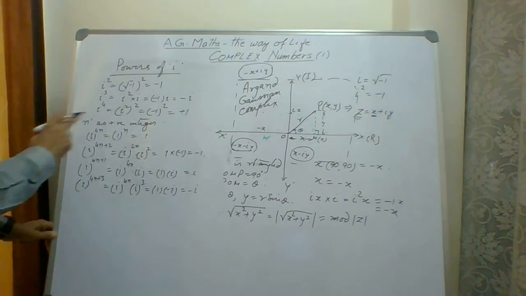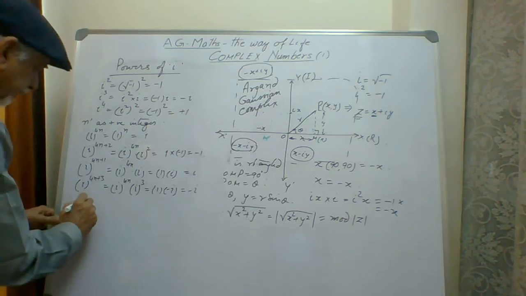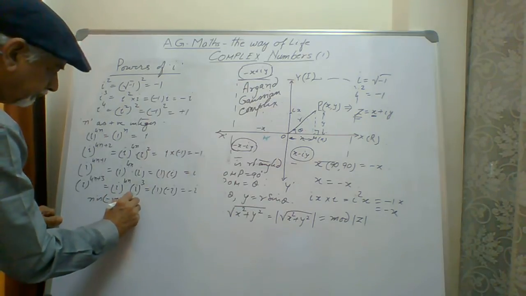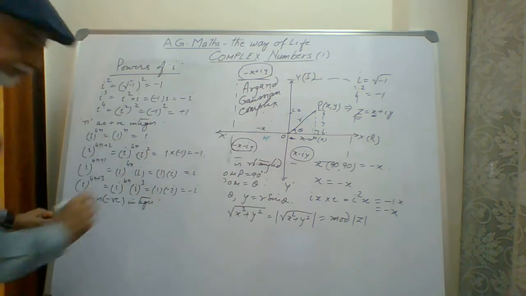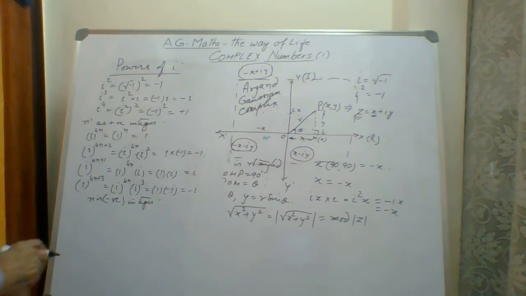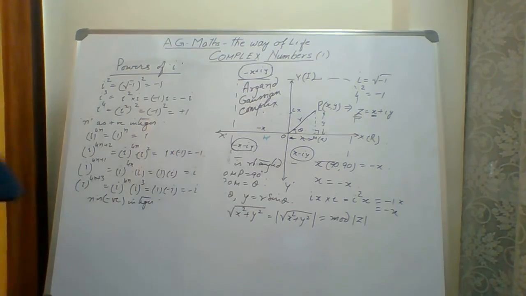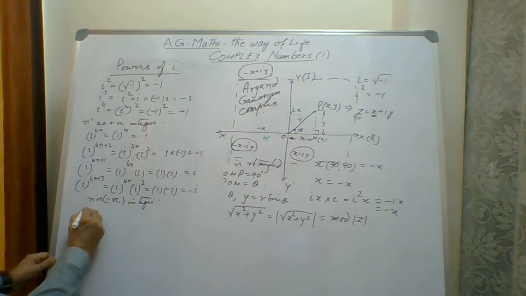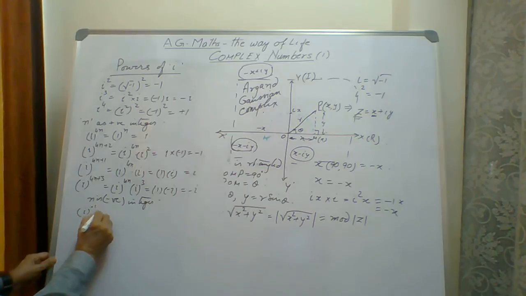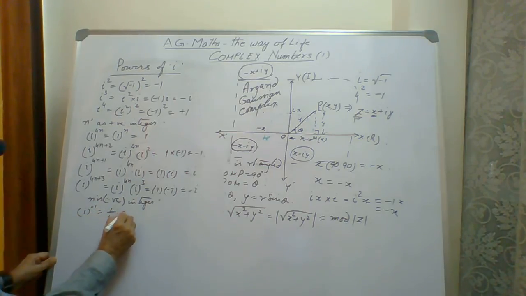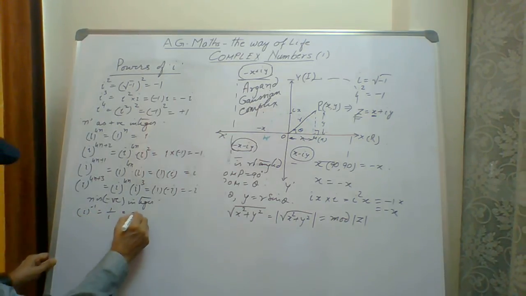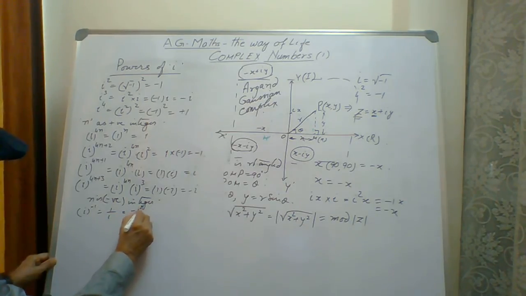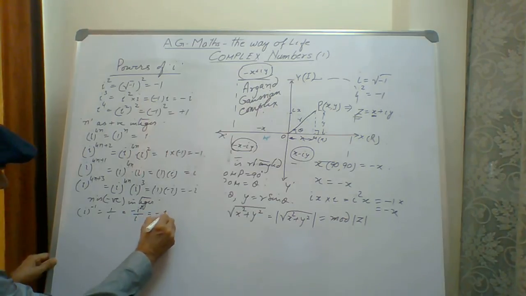Similarly, if n is a negative integer, then what happens? If n is negative, I write here i power minus 1 is equal to 1 by i, which is i square by i, minus i square by i, which is minus i.